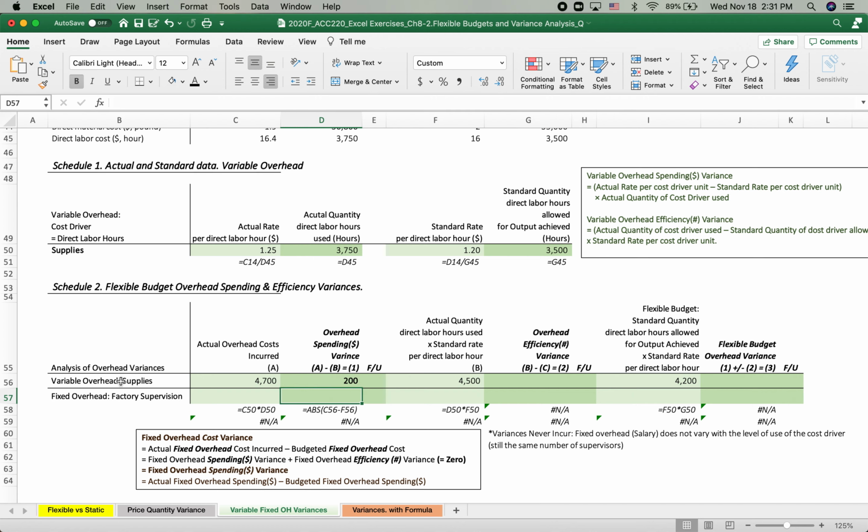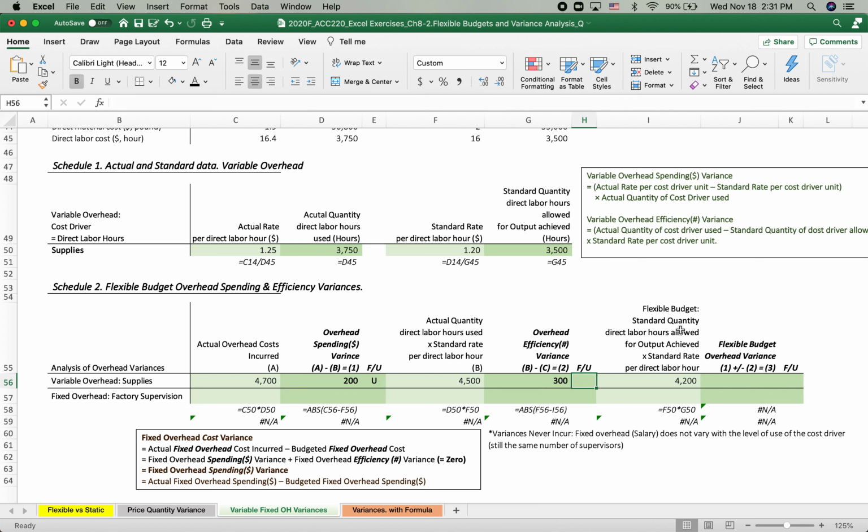The actual overhead cost is greater than this budget amount, so it is unfavorable. Now let's copy and paste, so it automatically calculates the absolute difference.